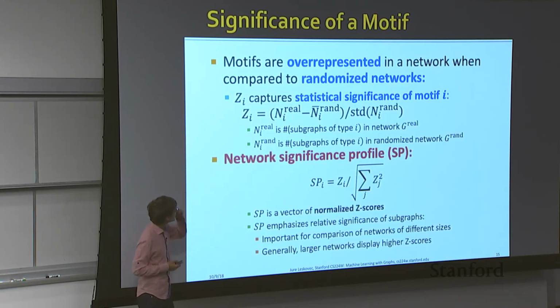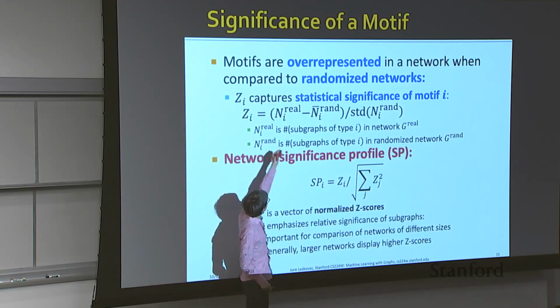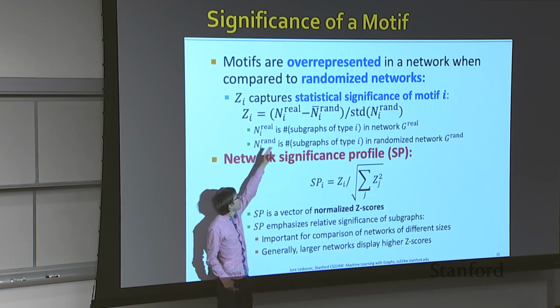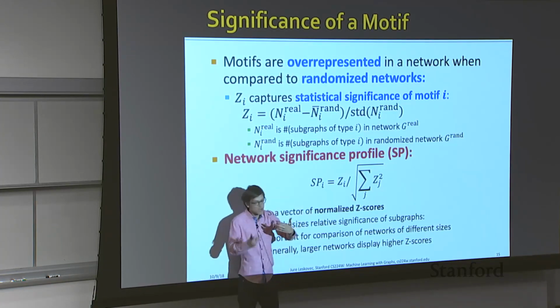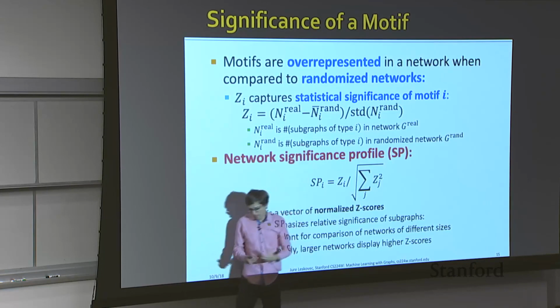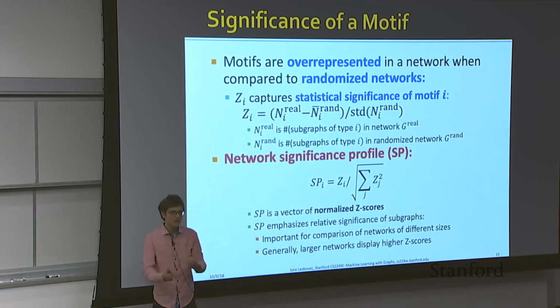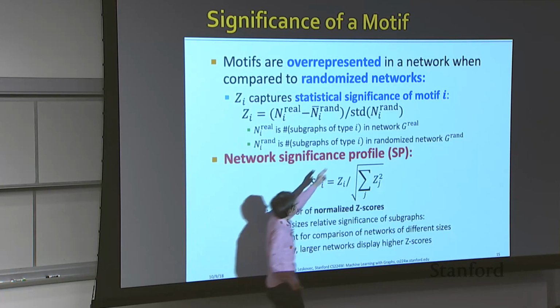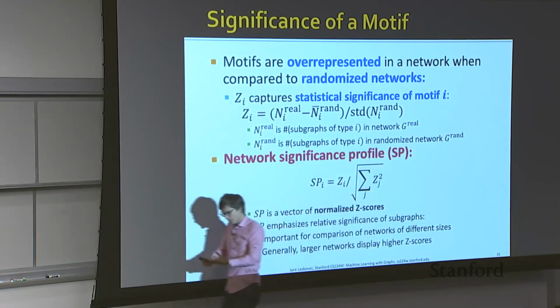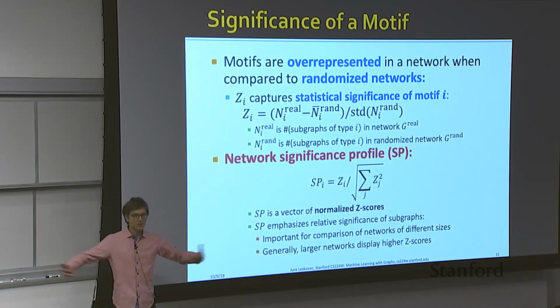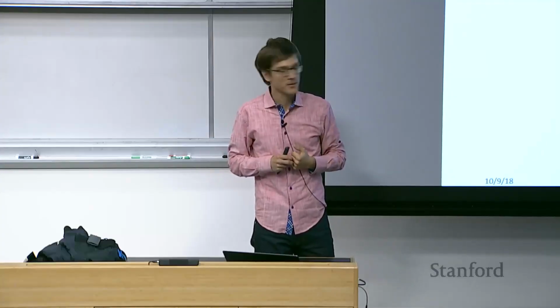The way you compute it is: the z-score of motif i is the number of times motif i appears in a real network, minus the average number of times this motif i appears in a randomized version of that same network, divided by the standard deviation of the number of motif instances across this ensemble of random networks.